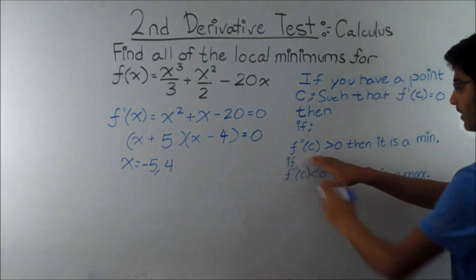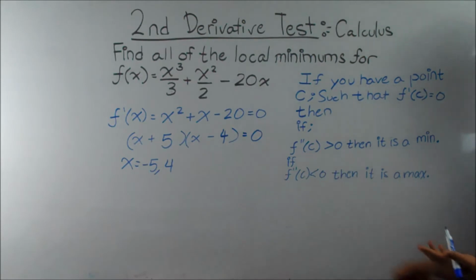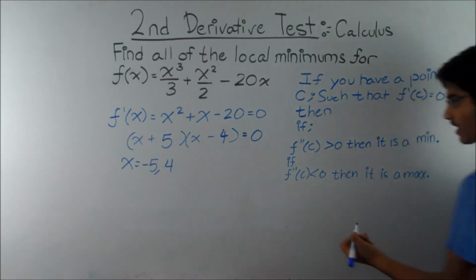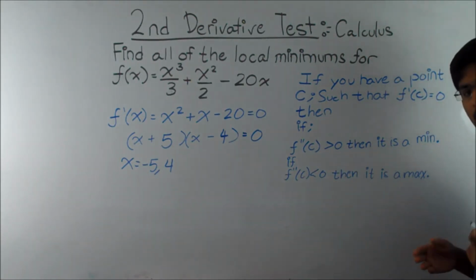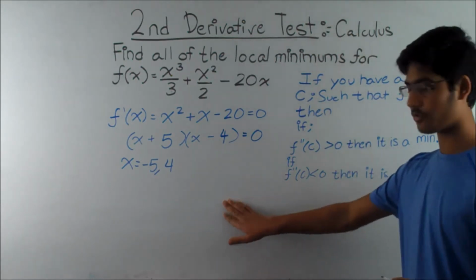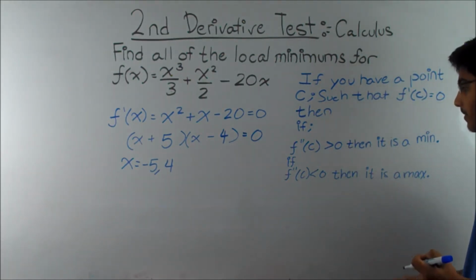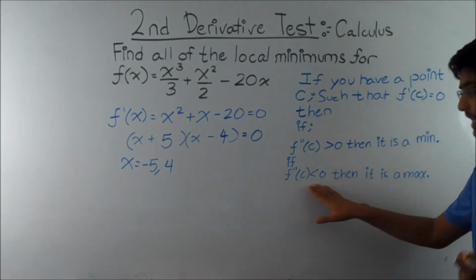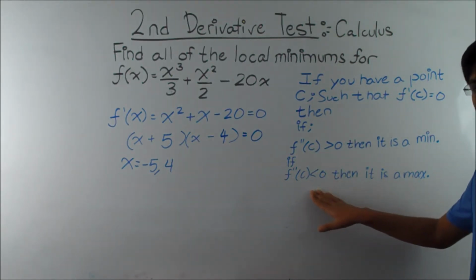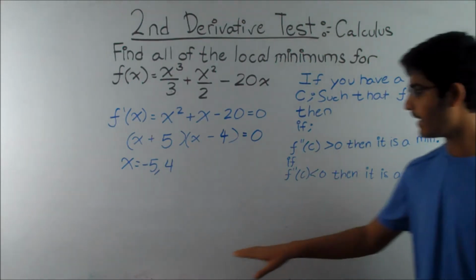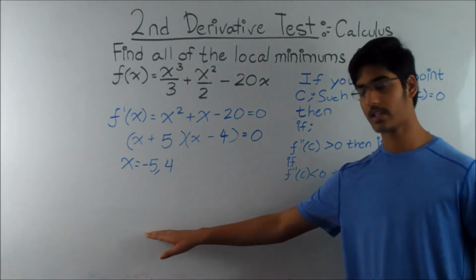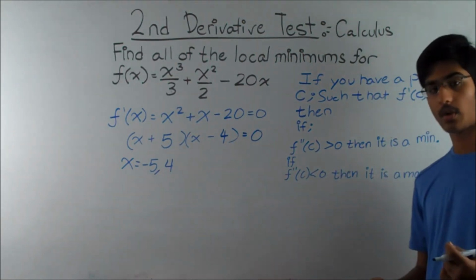If f double prime of C is greater than 0, then that means that it's concave up. And if it's concave up, we saw from that graph that was right here before I erased it, that we have a minimum. If f double prime of C is less than 0, that means it's negative and it's concave down.